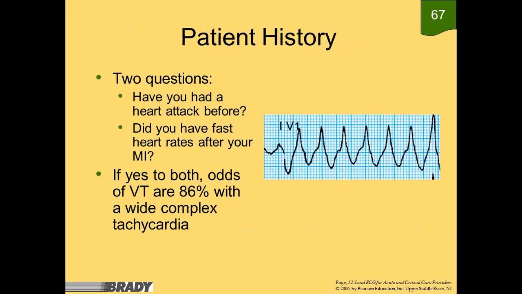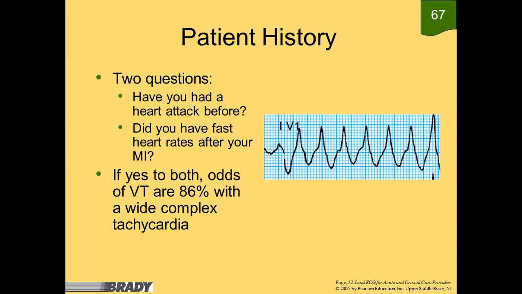So when you get to your patient history, okay, some things we need to say is, have you had a heart attack before? A lot of patients have trouble with ventricular rhythms after they've had a heart attack, and there's a little bit of damage to their heart. So that's a really good question to ask when you see a ventricular beat like this or a wide complex.